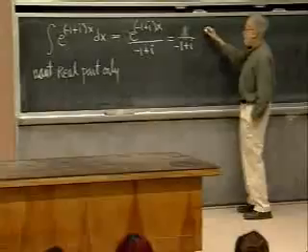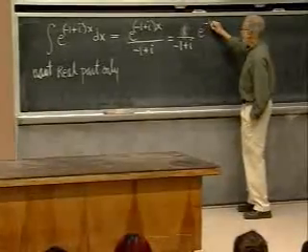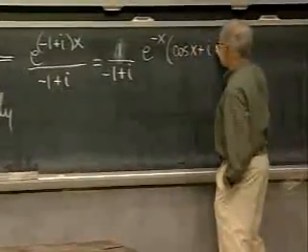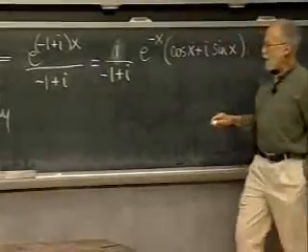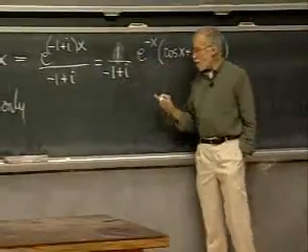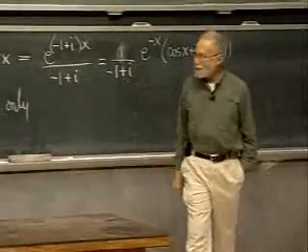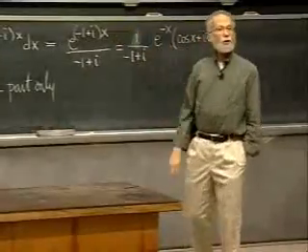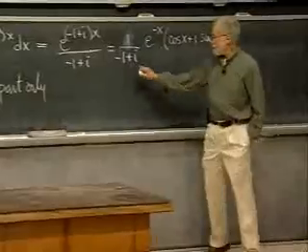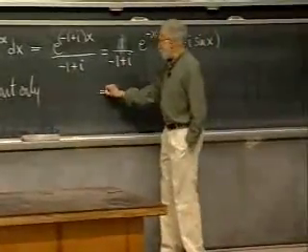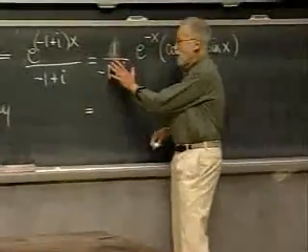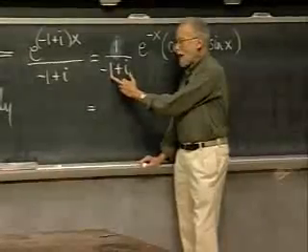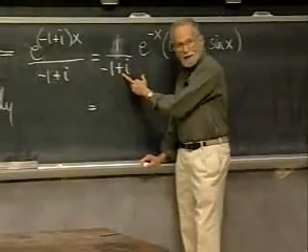So it's this times e to the negative x times e to the ix, which is cosine x plus i sine x. Now, I'm not ready yet to find the real part because I don't like the way this looks. I want to go back to the thing I did right at the very beginning of the hour and turn it into an a plus bi type of complex number. In other words, what we have to do is the division. I multiply the top and bottom by negative 1 minus i.